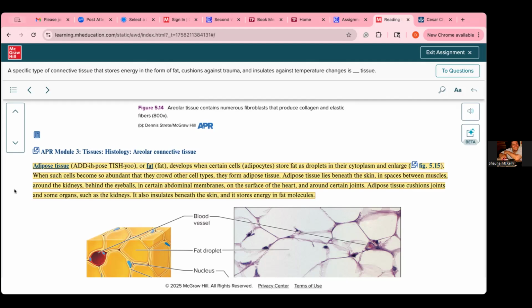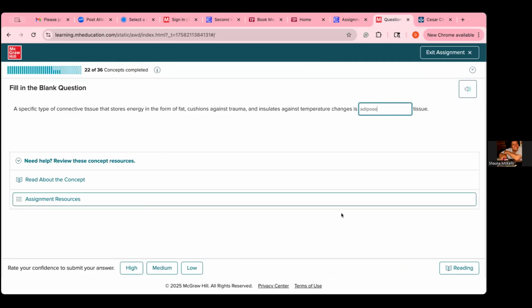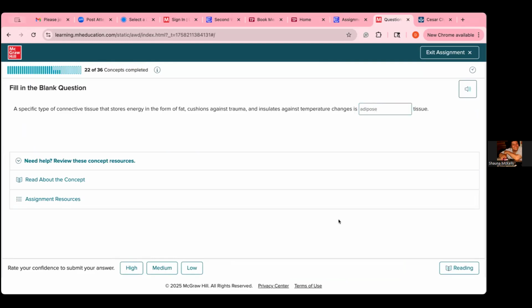Adipose tissue cushions joints and some organs, such as the kidneys. It also insulates beneath the skin and stores energy in fat molecules. It's adipose tissue that does that. So this is adipose tissue. Okay.